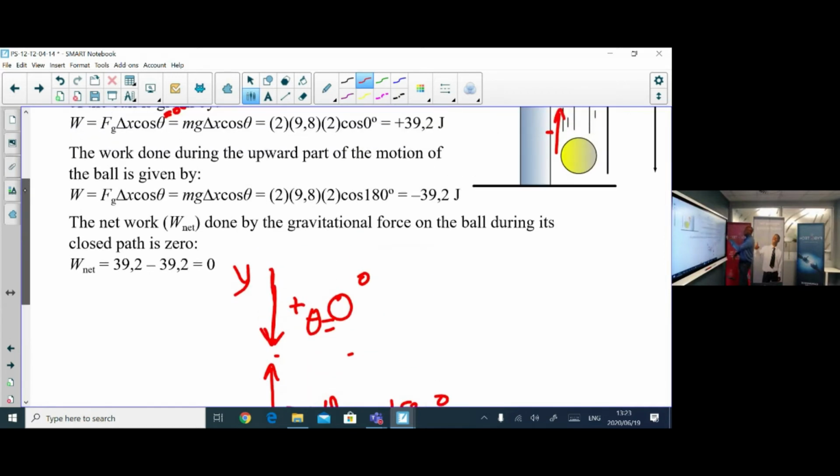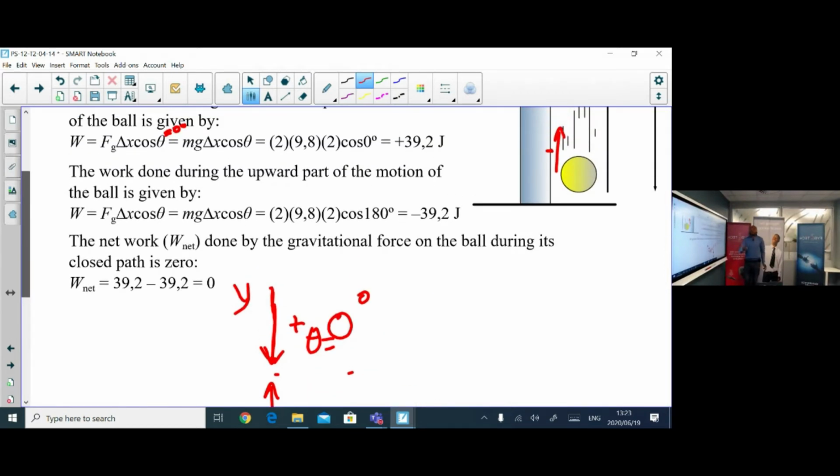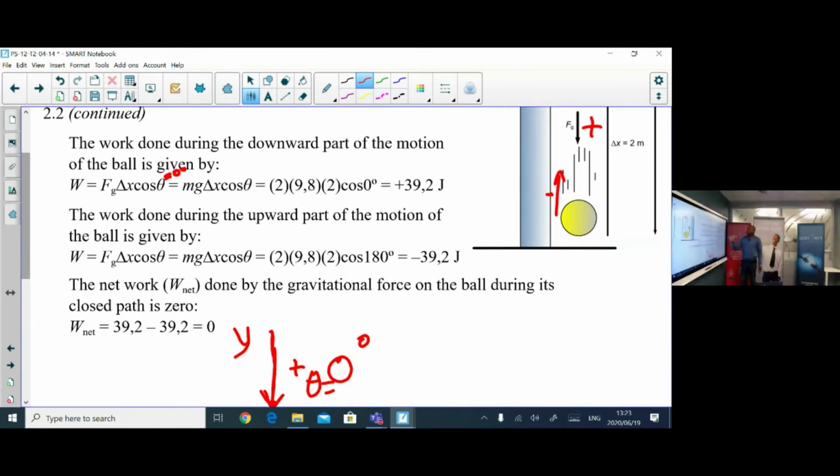If we can just come up here, we are trying to prove whether this motion is conserved or not. If we can just look at the work energy formula, that is the work done.